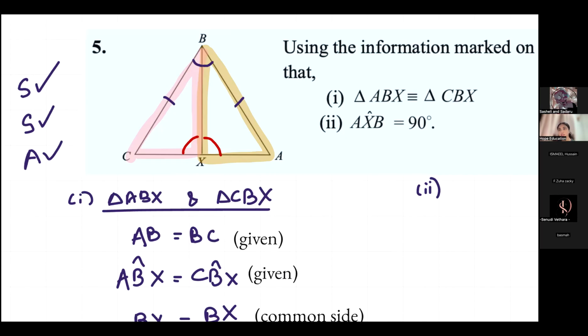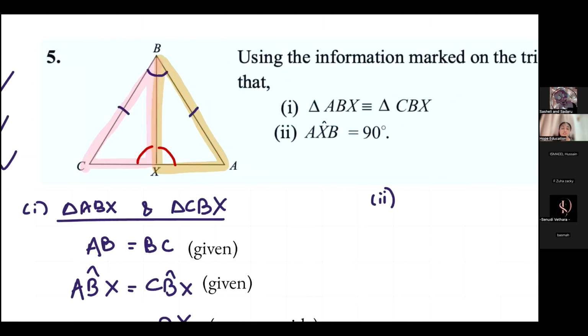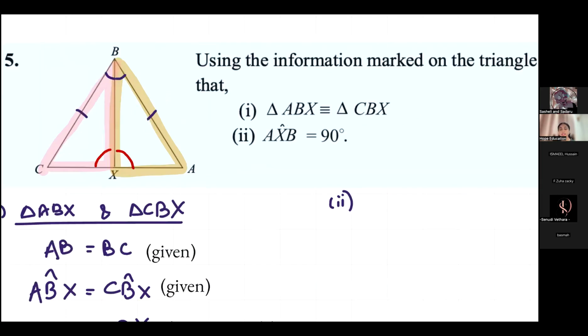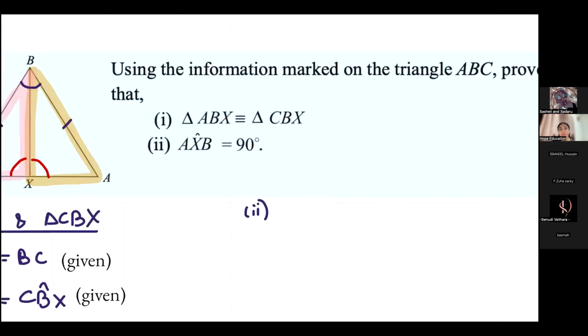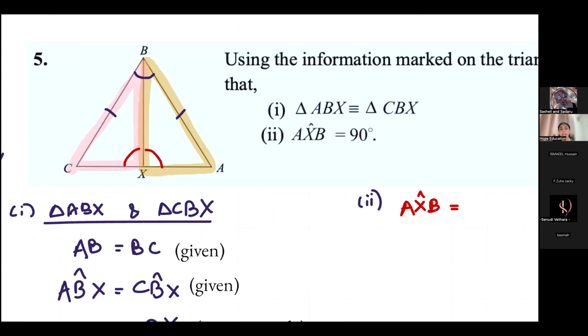Is that clear to others also? That is how we say that the two angles are equal. Before we say this 90-degree situation, let's first write this: angle AXB is equal to angle CXB.